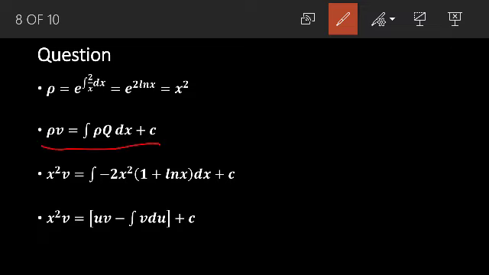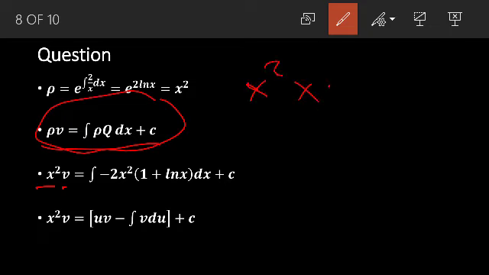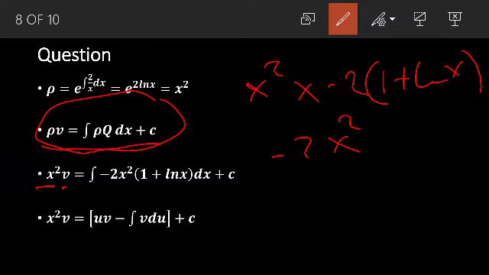Going back to the solution of a first order linear equation, our integrating factor rho is x squared, then you have your v. Then your integrating factor x squared is multiplied by your q, which is minus 2 into 1 plus ln x. If we open these brackets, we get minus 2x squared plus x squared ln x.